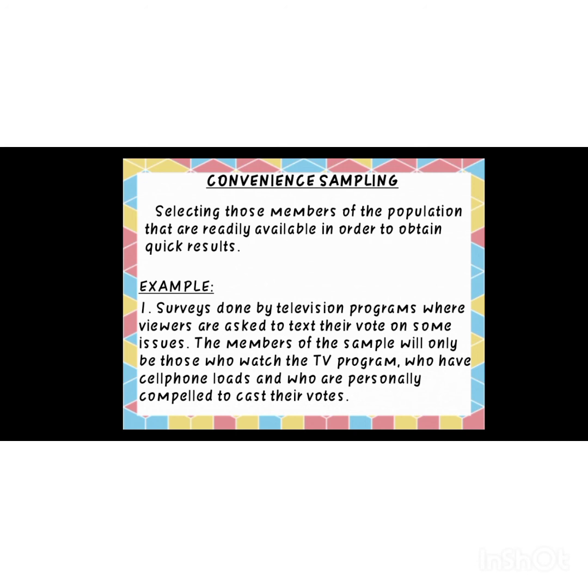So the example of it is surveys done by television programs where viewers are asked to text their vote on some issues. The members of the sample will only be those who watch the TV program, who have cell phone loads, and who are personally compelled to cast their votes. Okay? So, hindi lahat may equal chances na mapili.